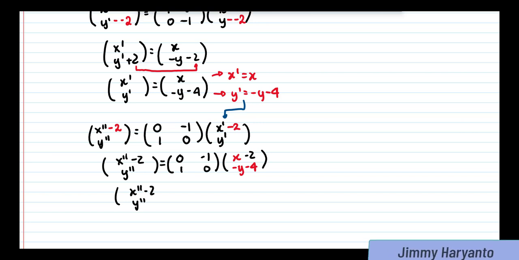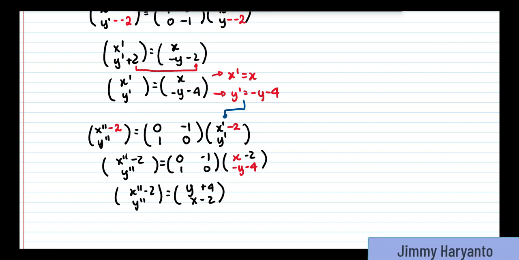The next thing you have to do is to multiply the matrix, yeah, this times this times this. Negative 1 times negative y equals to y, negative 1 times negative 4 equals to plus 4, 1 times x minus 2 is x minus 2. That means we can separate them like this. You'll have x double prime minus 2 equals to y plus 4.